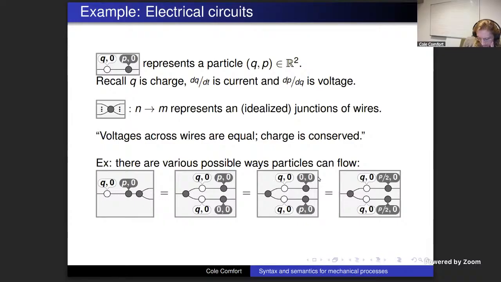It's a bit philosophically wrong, but if you think of a particle as an element of your phase space, so here it's a position and momentum, then this is the action of that on that space.